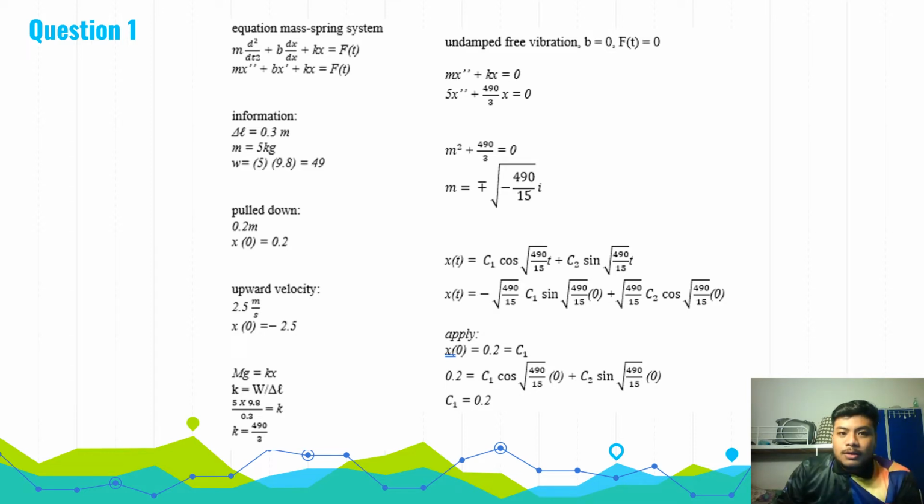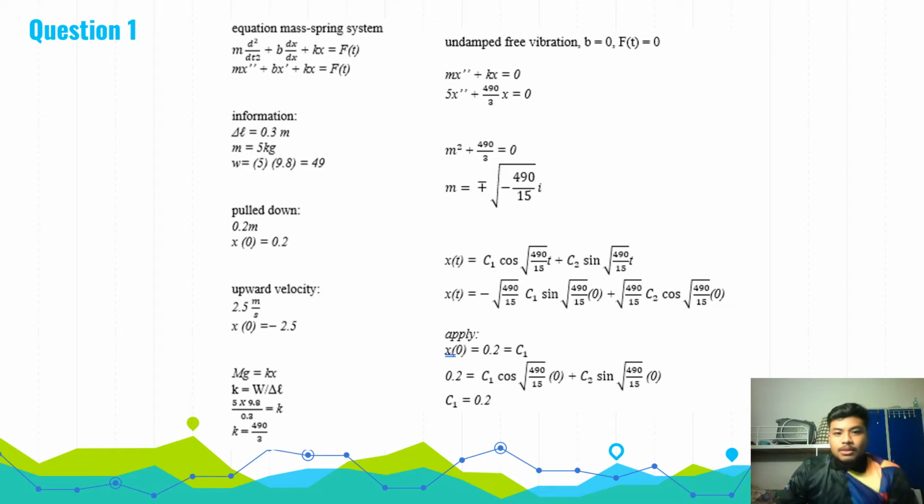Okay, so the next step, we know that the undamped free vibration has b equals 0 and F equals 0, and we apply the equation. From the equation we get that m is equal to plus or minus the square root of negative 490 over 15 i.